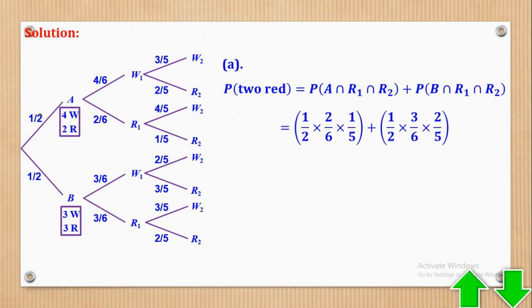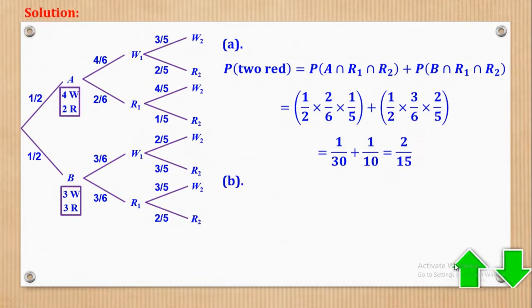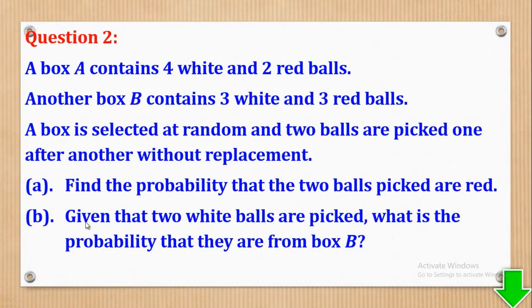Therefore, for this one there is this, which is here, and also for the other one there is this, which is here. Then simplify and use the calculator, will come up with 2 over 15. That is part A. What about part B? Part B says, given that 2 white balls are picked, what is the probability that they are from box B? So 2 white has already occurred, and they want the probability from box B.